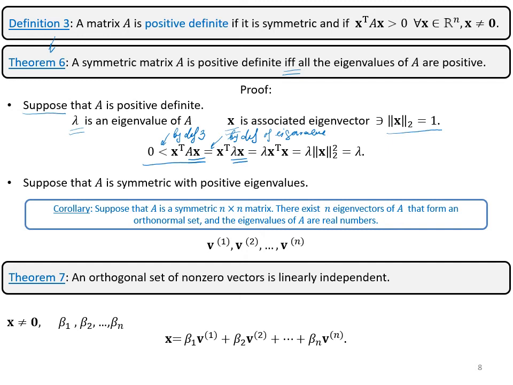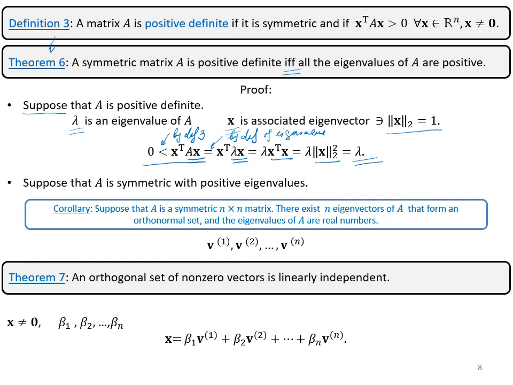Our lambda is just a number, so we can take it out. And finally, this dot product of two vectors is simply the L2 norm, and our expression equals lambda.